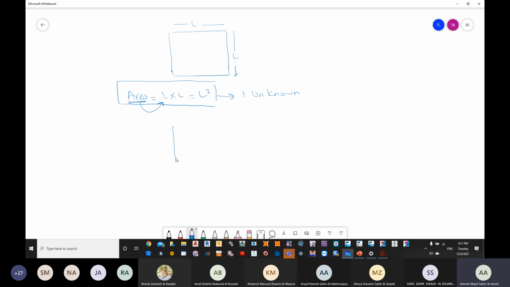In case of a rectangular, we have two dimensions. One is L, another one is B. And my area is equal to L into B, where we have now two unknowns. Now you will see in the problems that we have solved, one of the dimensions was always given to you.